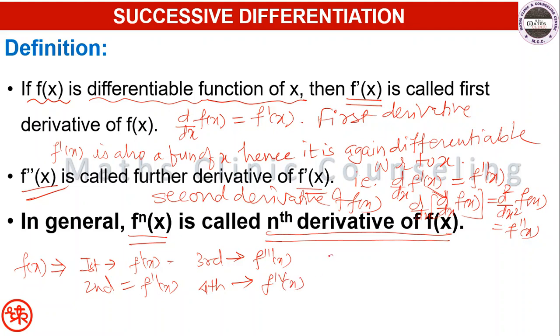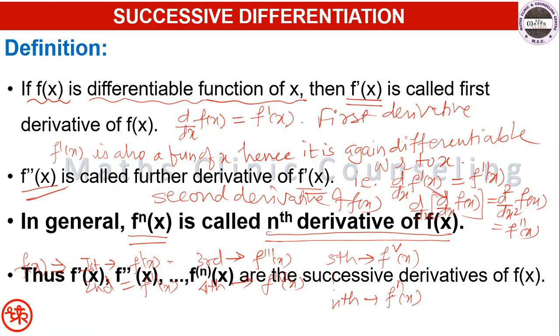Fifth derivative is f5 of x, and hence the nth derivative is fn of x. Is that clear? So did you understand? Okay. So f dash of x, f double dash of x, fn of x are the successive derivatives of f of x. So do you understand the concept of successive derivative?